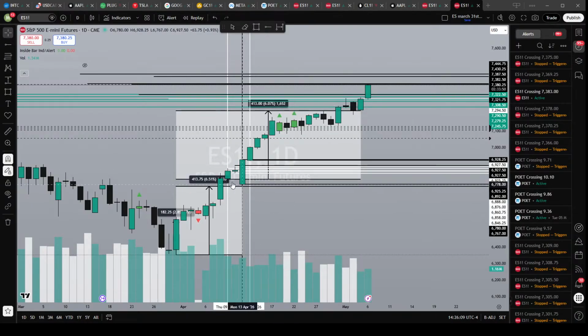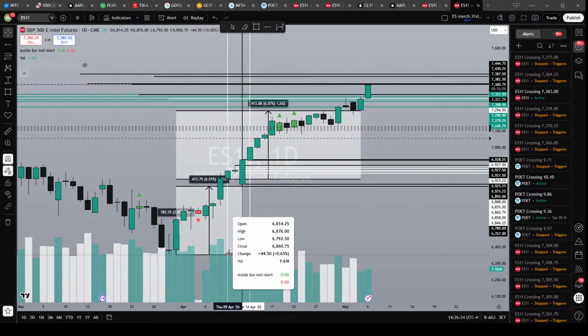They basically held a 413 point ratio. 413 points held by the 5th of April 13th or April 9th, whatever date that was, 13th, from March 31st. And that's basically what allowed this continuation to occur.